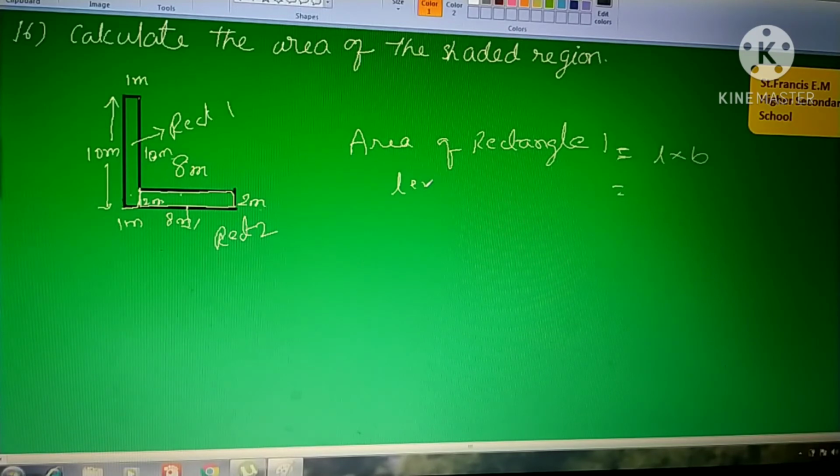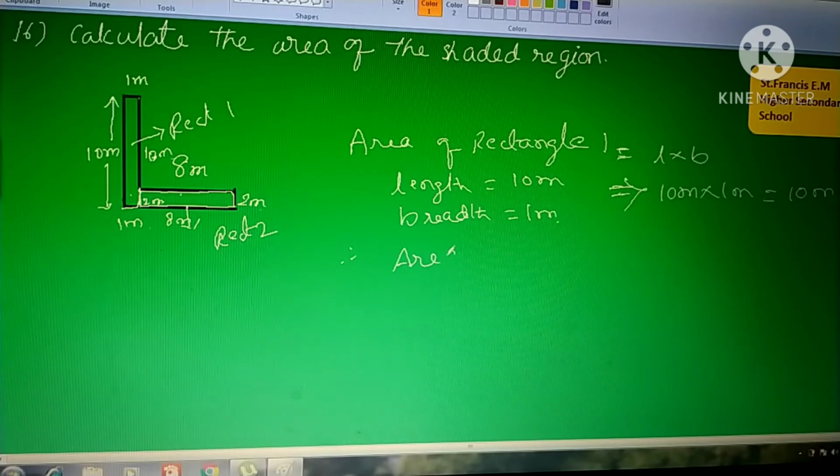Length is equal to 10 meters and breadth how much? 1 meter. Breadth is equal to 1 meter. Now substitute these values, 10 meters into 1 meter. Now area of rectangle, this is equal to 10 meters square. Therefore area of rectangle 1 is equal to 10 meters square.